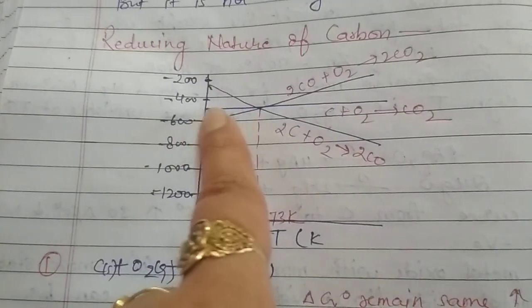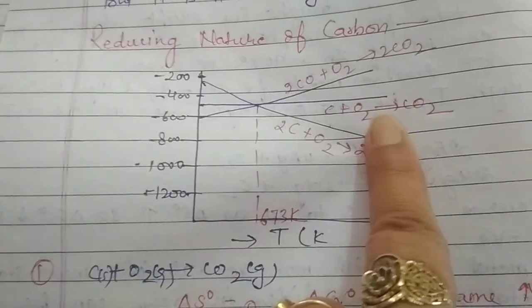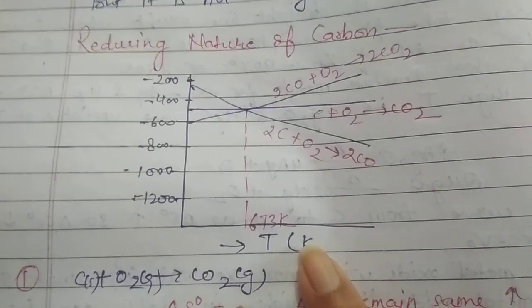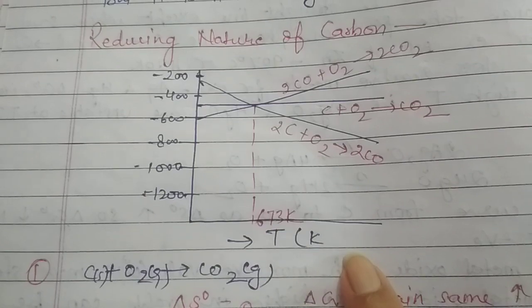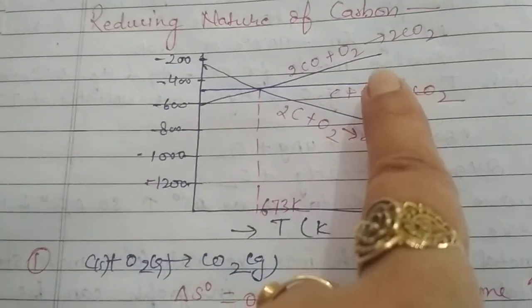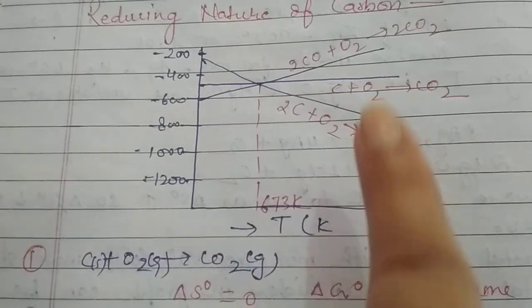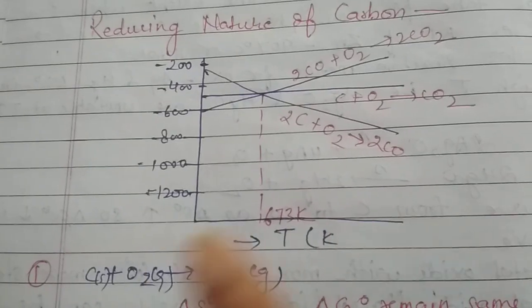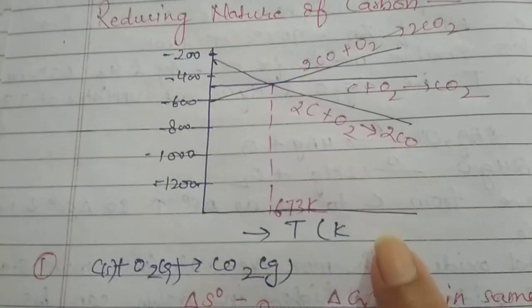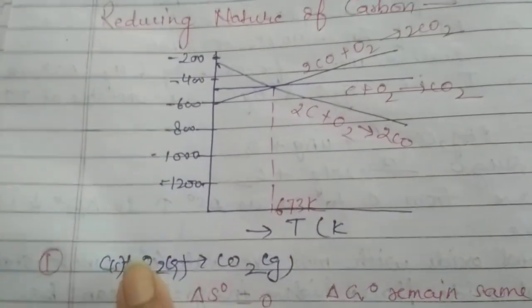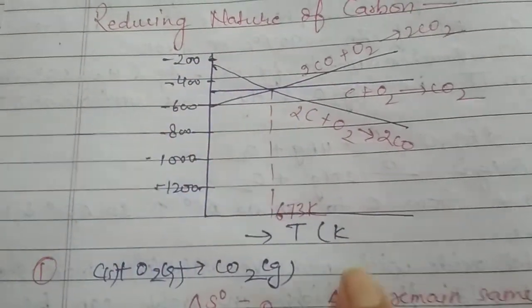We are able to see that with the help of the graph also. C plus O2 gives CO2. In this case, it is independent of temperature. It is a straight line parallel to the x-axis. So it is independent of temperature. There is no change in the value of del G naught. Here we have the graph between del G naught and temperature, so it would be constant.